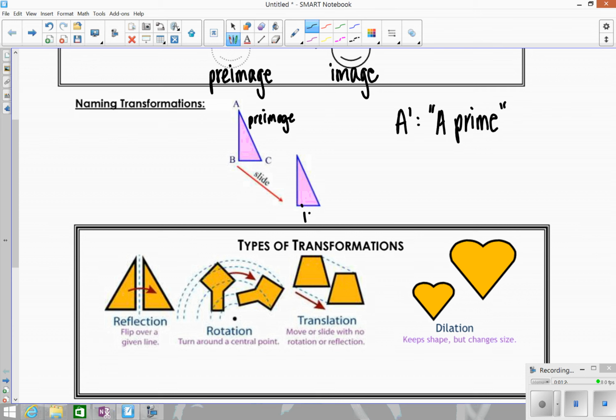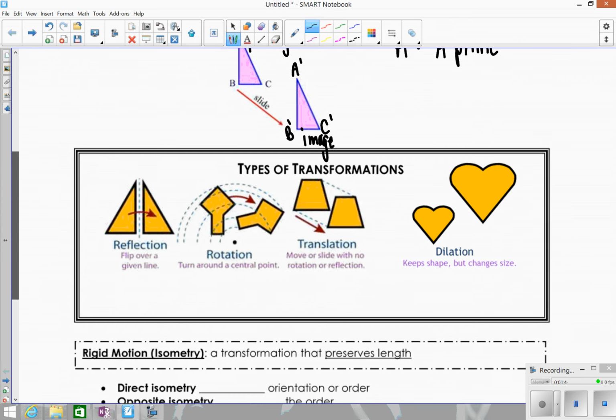And then this is the image, the result. So when we go to label it, A would go here. So that's A prime. B moves to this point here, which is B prime, and then C prime over here. So it's really easy to now see that A prime came from A, C prime came from C, and B prime came from B.